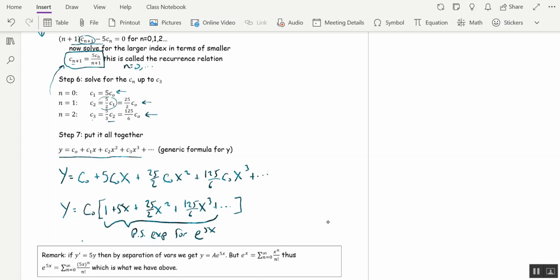And I wrote that down in the box below. We could have solved this differential equation just by separation of variables, and we would have gotten y equals a constant times e to the 5x. Well, that's exactly what we're getting here. We're just getting the power series version of e to the 5x. Amazing. All right, so in the next section, we'll solve more differential equations using this method.